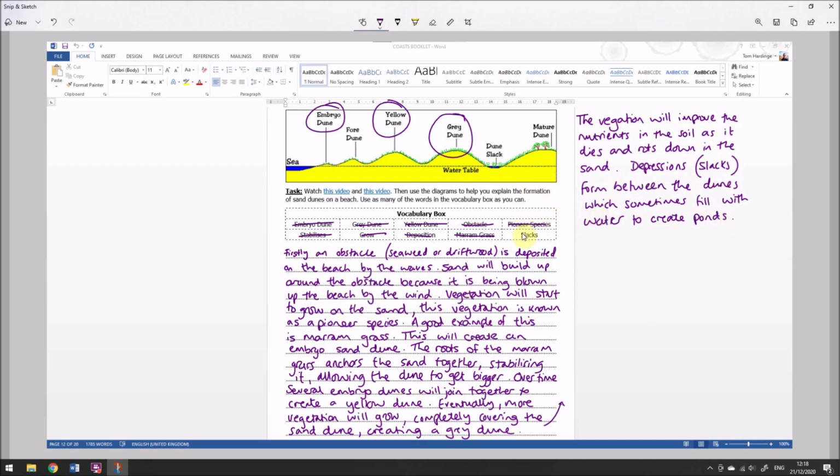Eventually, we're going to end up with perhaps that dune becoming woodland as the very final stage.